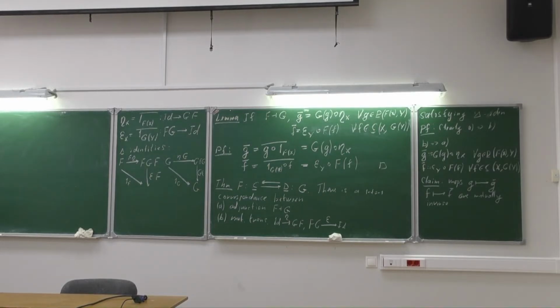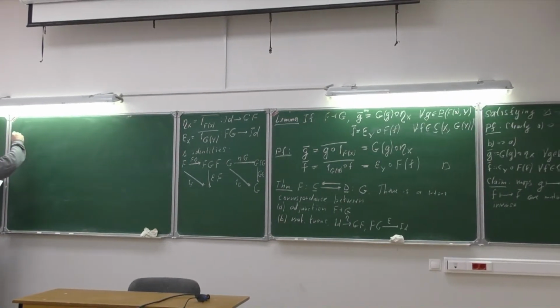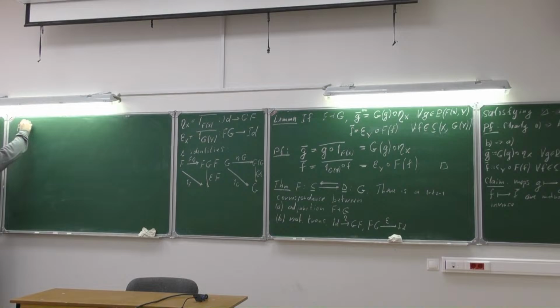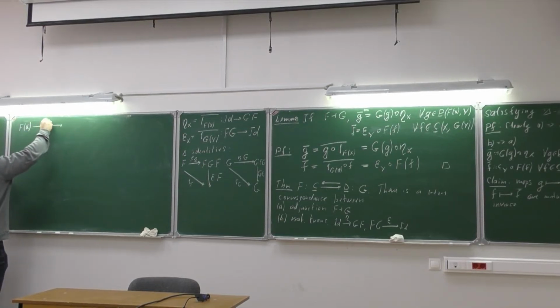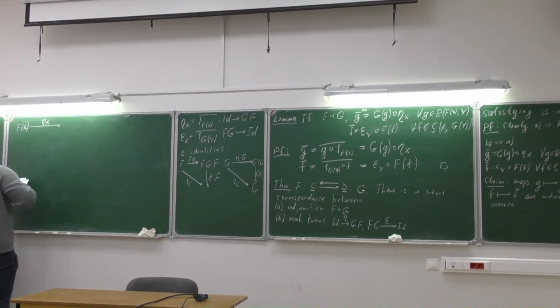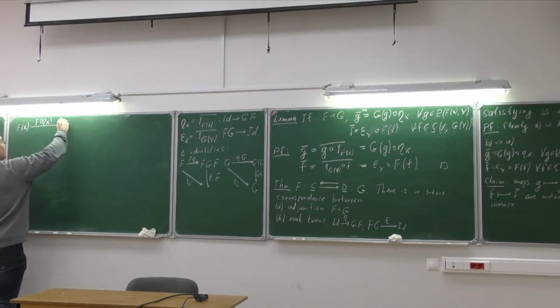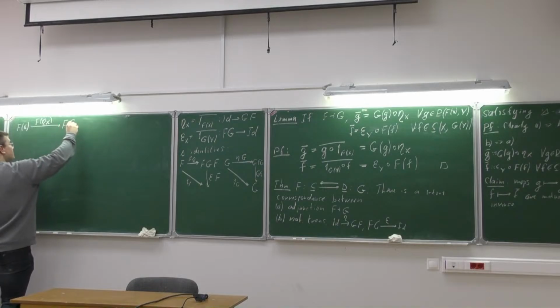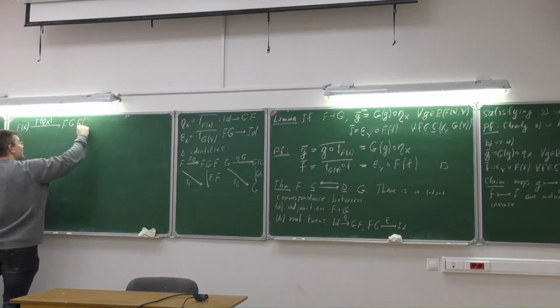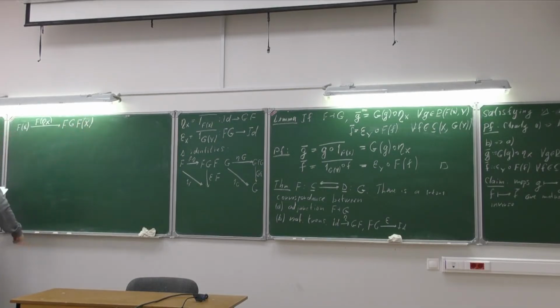So the proof for f and for g is more or less the same. For example, let's start with g. And the proof is based on looking at the following diagram. There is a piece of this diagram coming from the triangle identity.